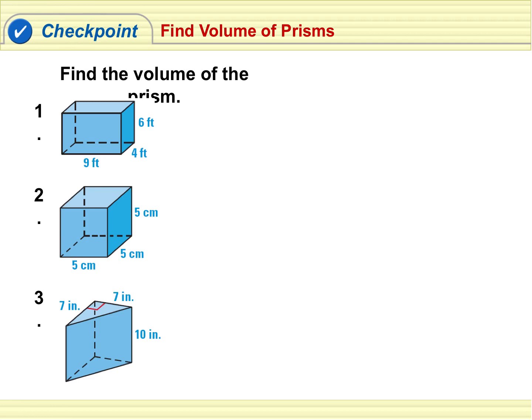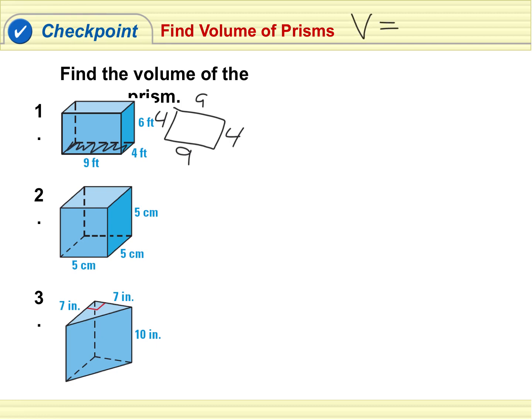So we want to find the volume of the prism, but we have to figure out what shape it is first. On number 1. Rectangular prism. Okay, again, if you need to redraw. What are my side lengths? 9 and 4 all the way around. Good. Now we can use the formula. What's the formula again? Not base times height.